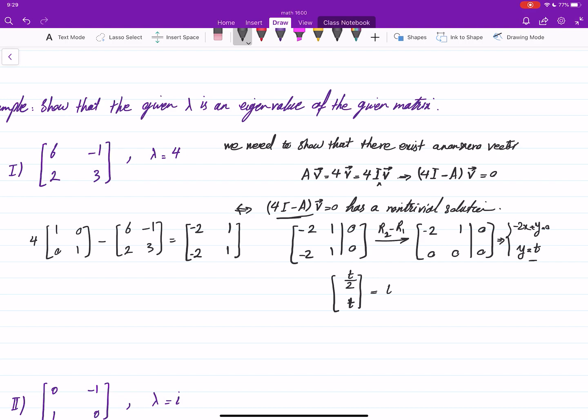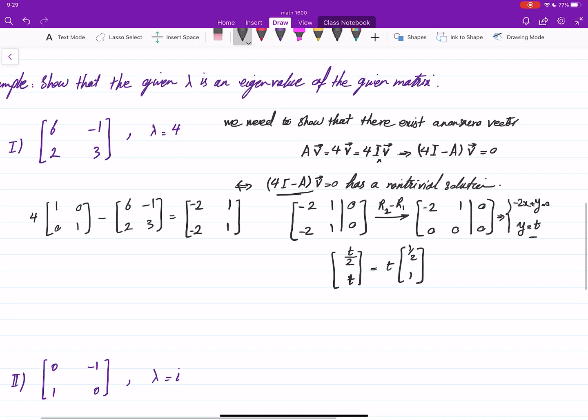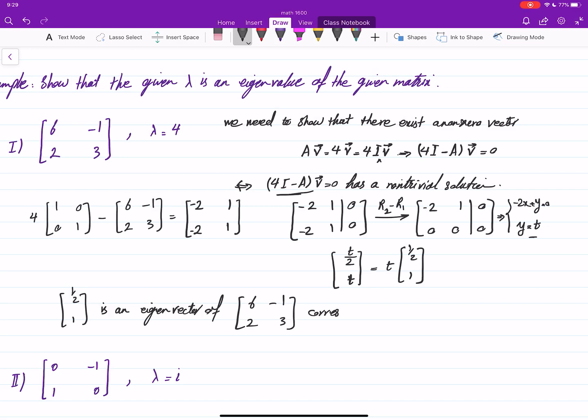Or in other words, any multiple of half and 1 would do the job for you. Okay? Well, let's just take t to be any non-zero. So half and 2 is an eigenvector of A corresponding to lambda equal to 4.